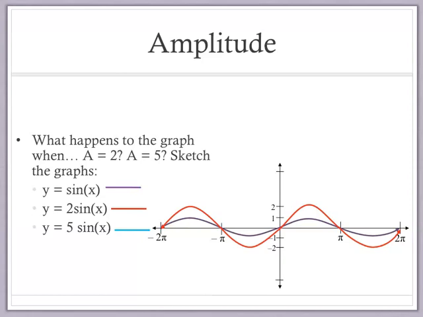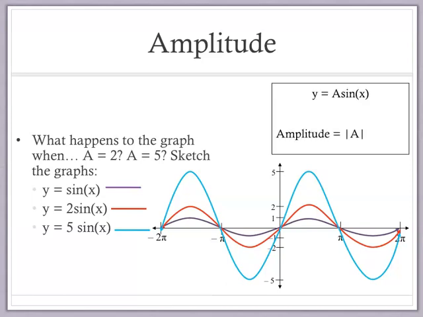So just a thing to notice. So the last one, y equals 5 times sine of x. This one's going to go all the way up to 5 and all the way down to -5. And then again, notice that this function is still crossing the x-axis in the same places as well.